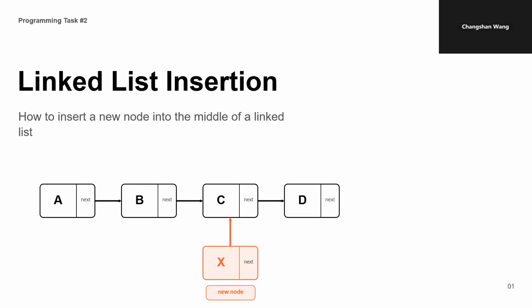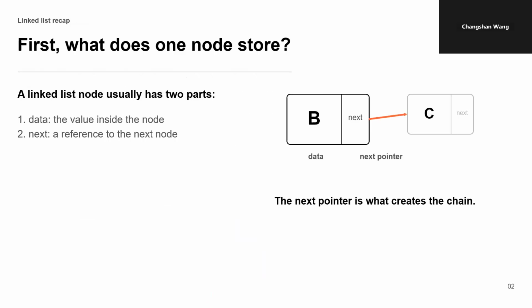So let's start with a quick review of the linked list. How does a node store data? I mean, there are two parts in the node.